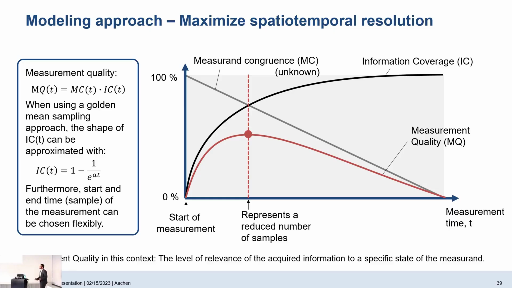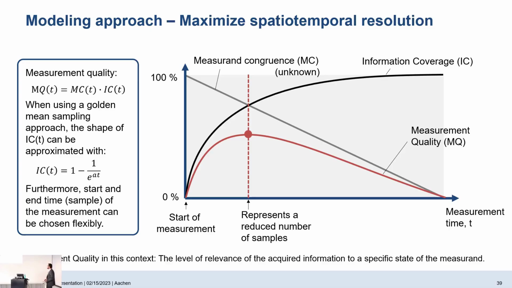And if we just would say that the measurement would not change at all, so we would have a stationary measurement, then this coverage or measuring congruence curve would just be straight at 100%. And we see that in that moment, the temporal resolution is not critical anymore.